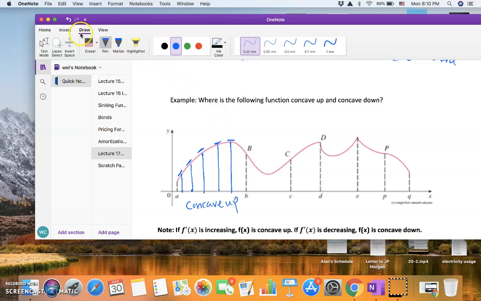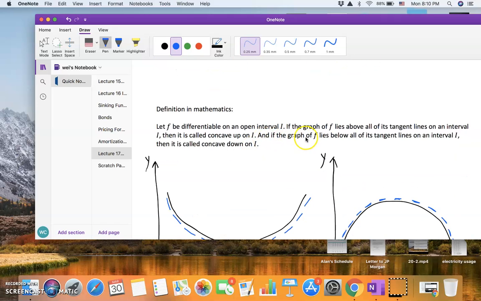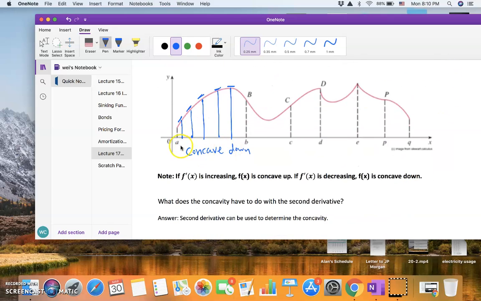Oh sorry, this is concave down. No matter where I draw the tangent line, the graph of the function is always below the tangent line. So according to the definition, if the graph lies below all of its tangent lines, the function is concave down. So the function is concave down from A to B.